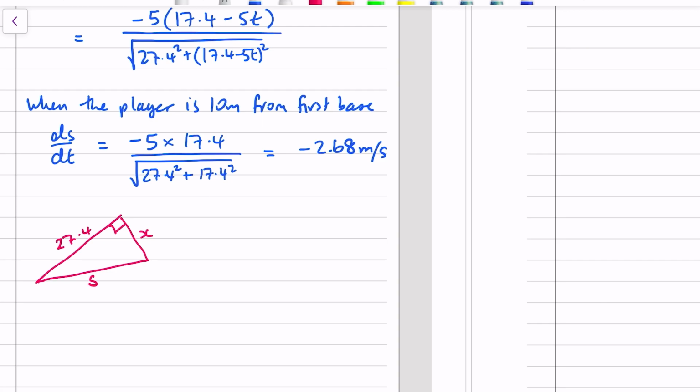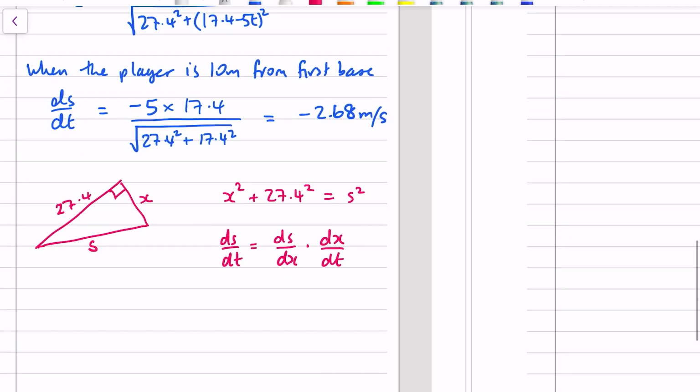Pythagoras tells us that x squared plus 27.4 squared is equal to s squared. And you've got two ways of doing the related rates. You can either go ds dt is equal to ds dx times dx dt.